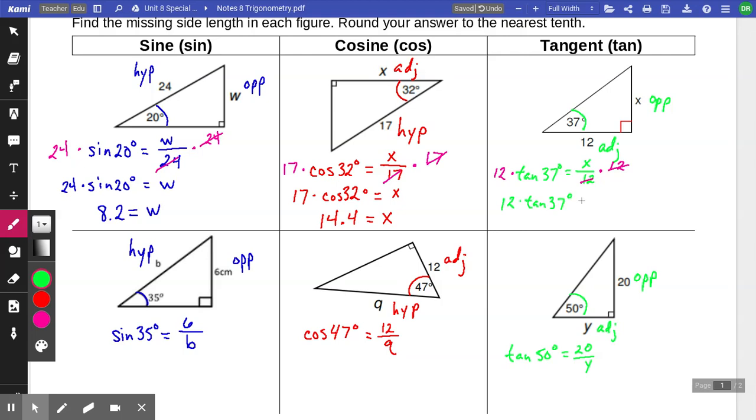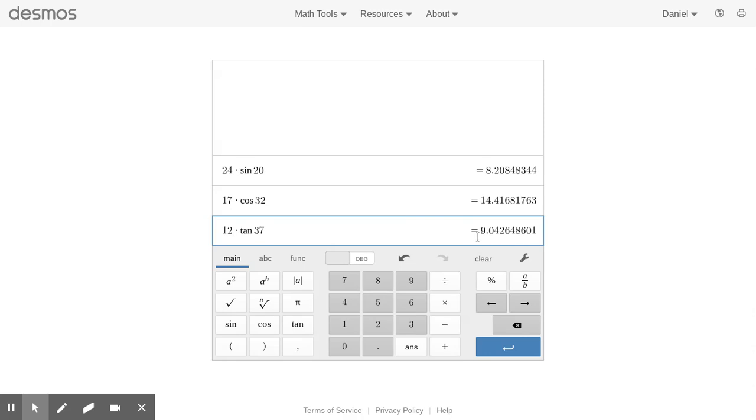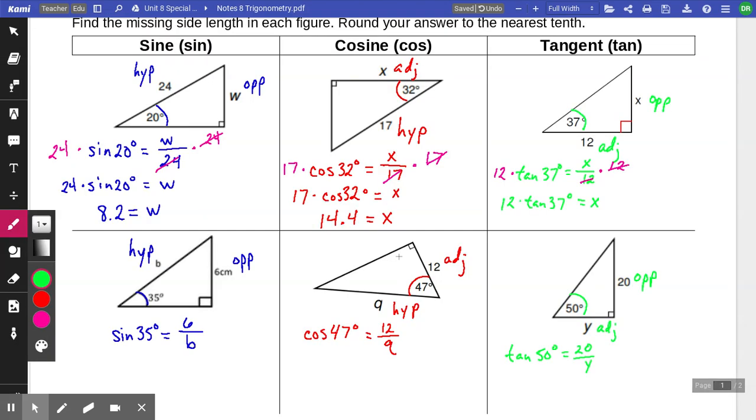So 12 times tangent of 37 degrees equals x. Let's go figure out what 12 times the tangent of 37 is. And it looks like we get 9.04, which would now round to 9.0 or just 9. So 9.0 equals x. Or we could just put x equals 9.